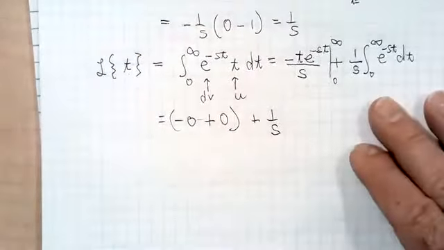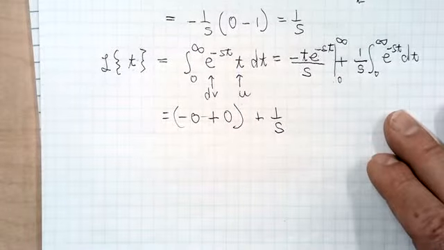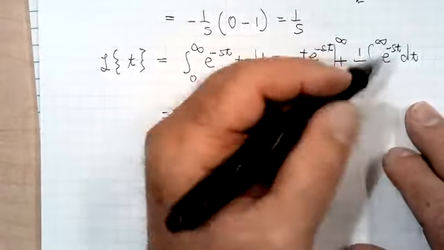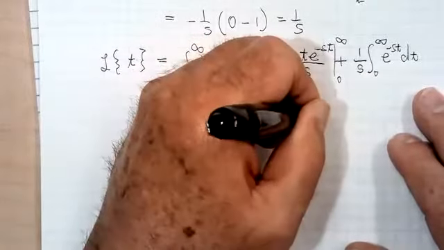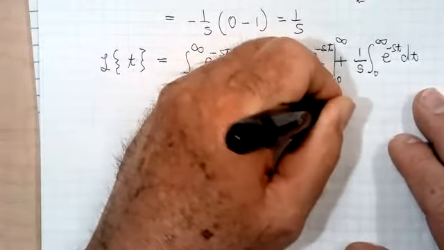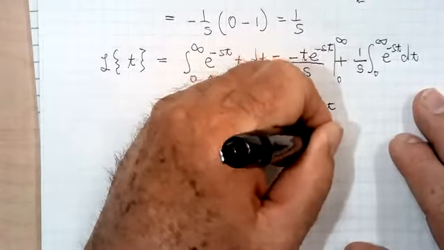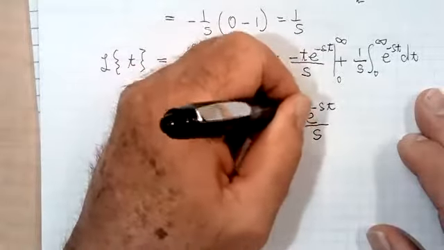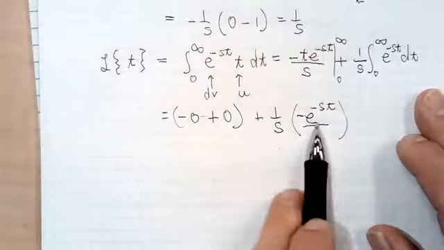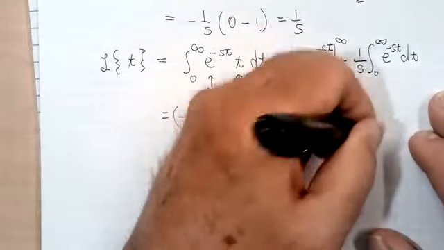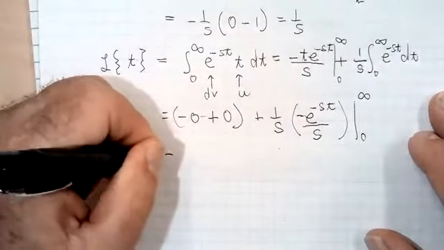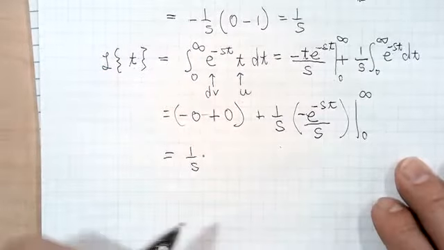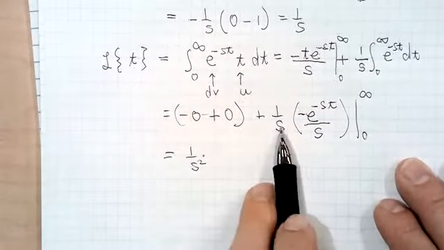And this integral, well, I guess there's a couple of ways of looking at this. On the one hand, we could simply do the integral, right? So the antiderivative of e to the minus st with respect to t is e to the minus st over s, but it's negative because you've got a negative from the chain rule factor. So I need a minus there, and I'll put parentheses around here because I'm not subtracting those, I'm multiplying, on the interval from 0 to infinity. And let's see, I've got 1 over s times, now actually, how about 1 over s squared? I'll put that s over with that one.